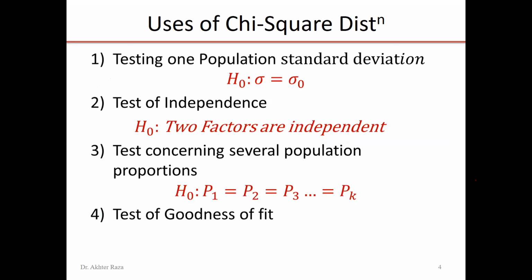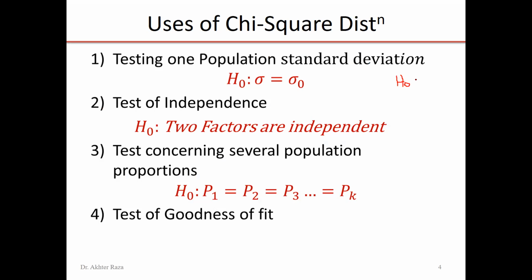Chi-square distribution has four specific usages. Number one, it is used for testing of hypothesis of one standard deviation. One standard deviation means, suppose someone is saying that the standard deviation of the population is equal to 5. So we are comparing the population standard deviation with a number, as we were doing in the hypothesis for mean, like the mean is equal to some number.